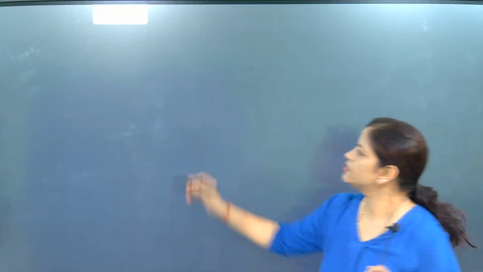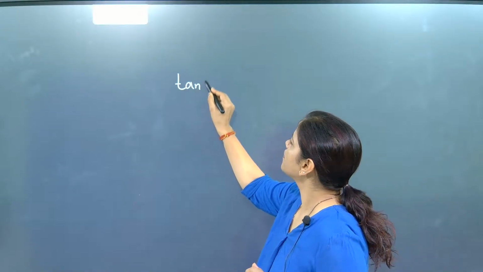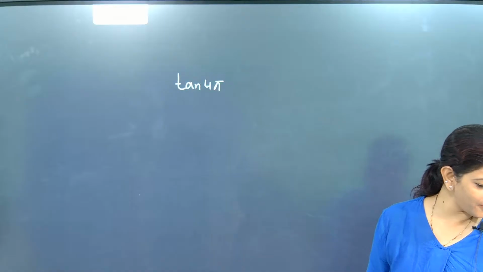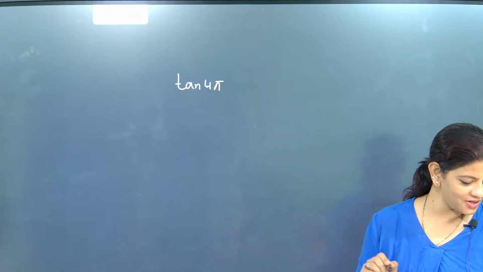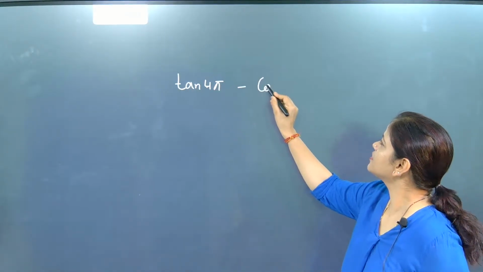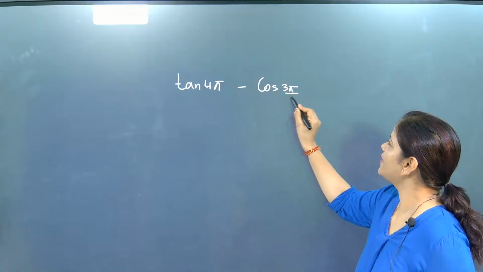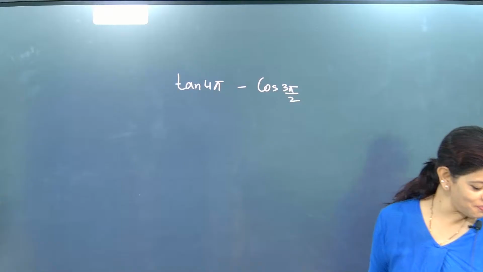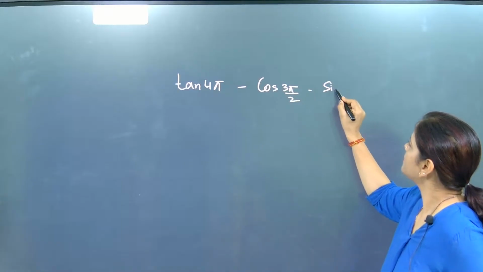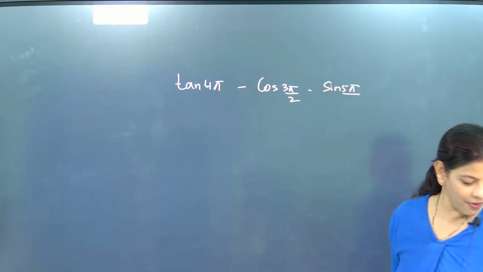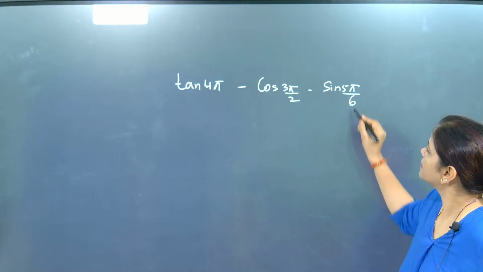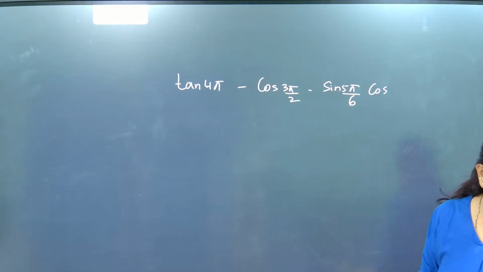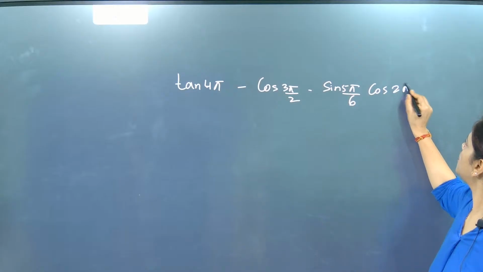Okay. So question is tan 4 pi. Start solving. Give the answer. Tan 4 pi minus cos 3 pi/2, okay, minus cos 3 pi/2 minus sin 5 pi/6, come on, minus sin 5 pi/6 into cos 2 pi/3.